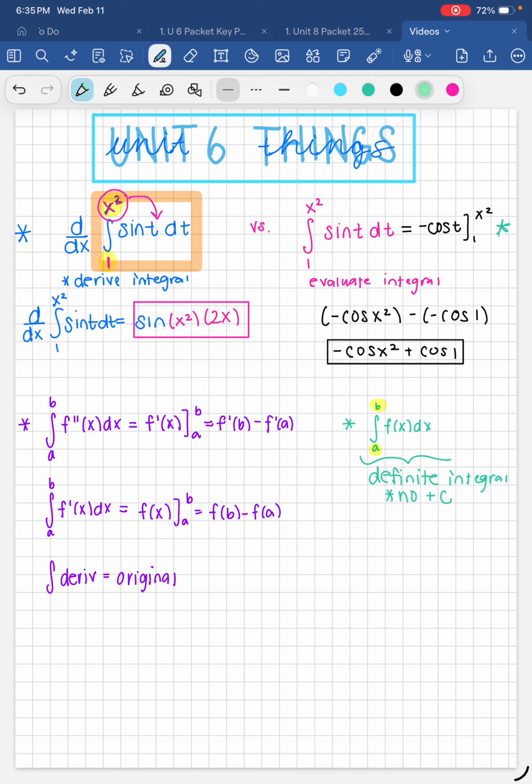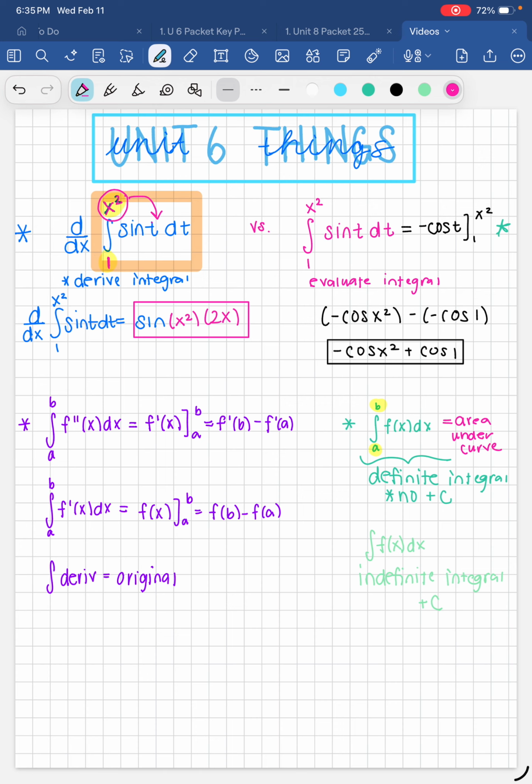This, in this pretty green, is called an indefinite integral. There is a plus c for these. And the definite integral is the area under the curve. This equals the area under the curve.